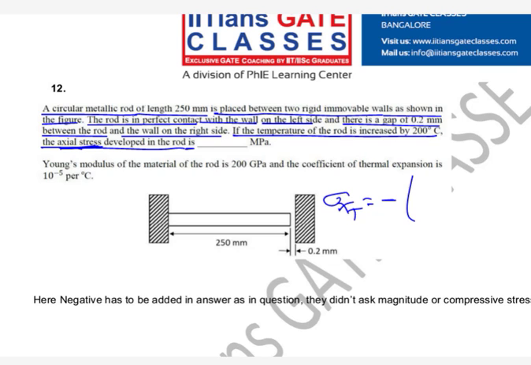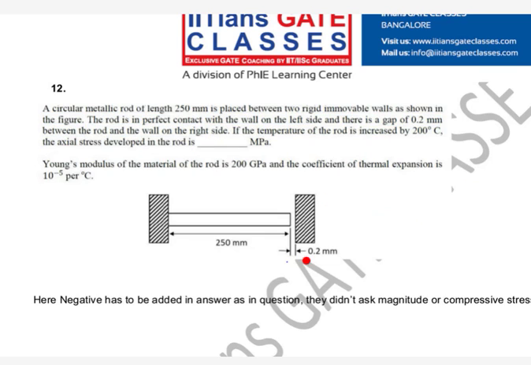And it is what? Delta T. So it is alpha delta T into L naught minus delta gap, upon L naught plus delta gap, into E. Am I correct? This is the formula. I can write it again. Whenever there is a gap, my formula is what?